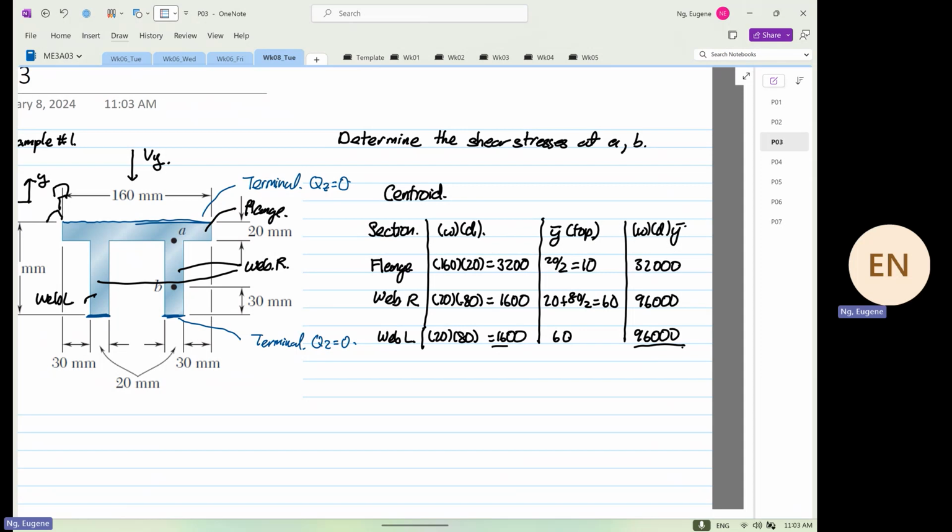Then we take the summation. And then we take the summation again. Then finally, our Y bar is equal to 224,123 divided by what? Okay, so 224,123 divided by 6400, 35.